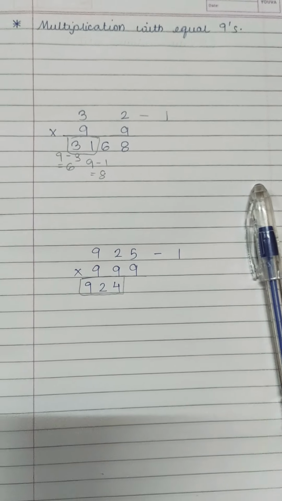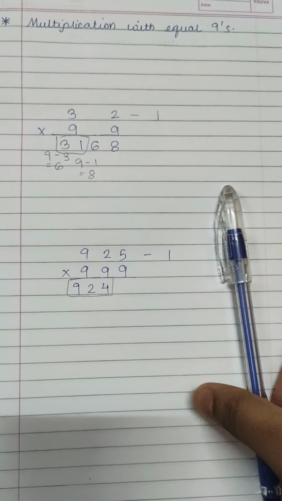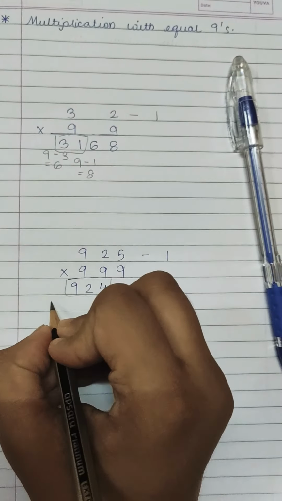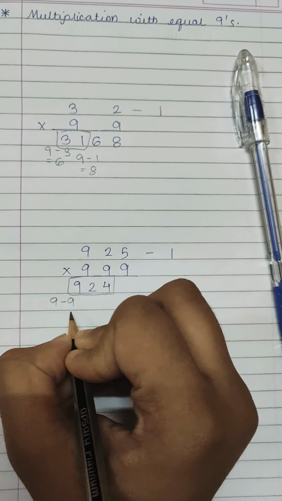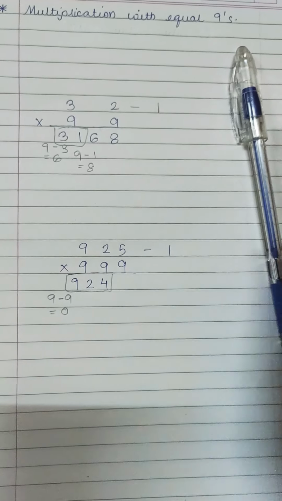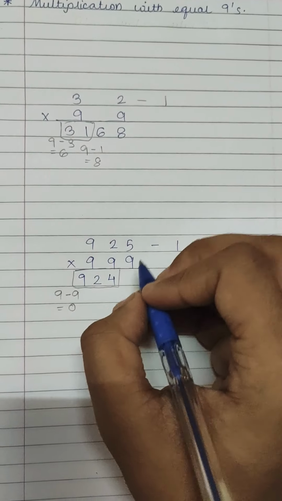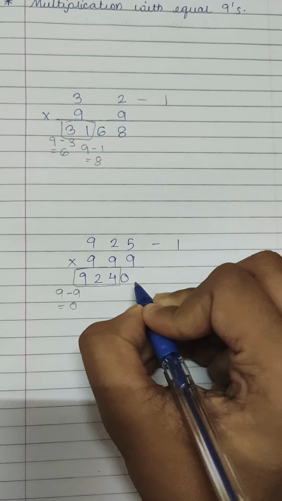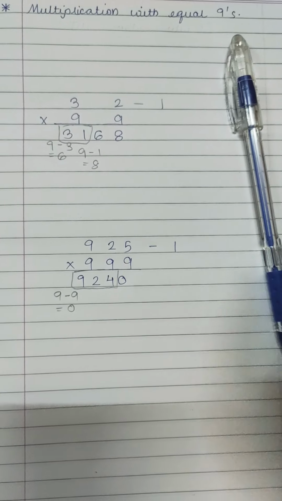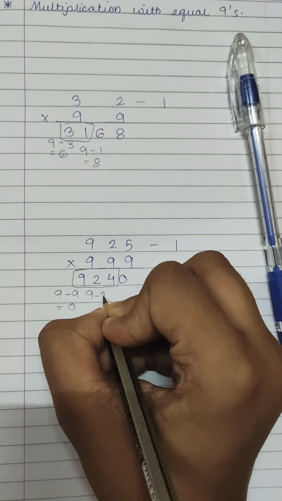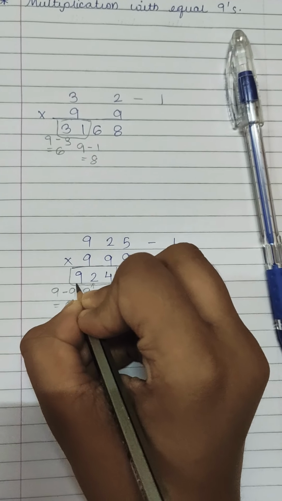Now we have to subtract 9 with 9, means 9 minus 9 we get 0. So this 0 we have to write here. Now 9 minus 2 for this thing.